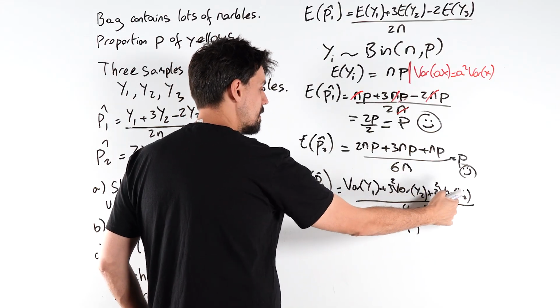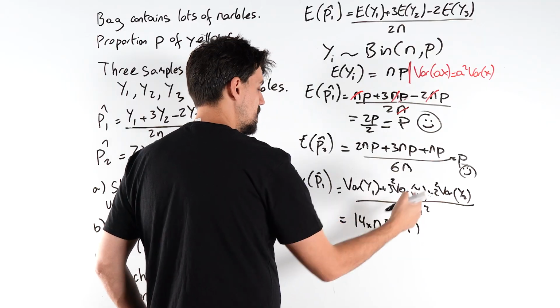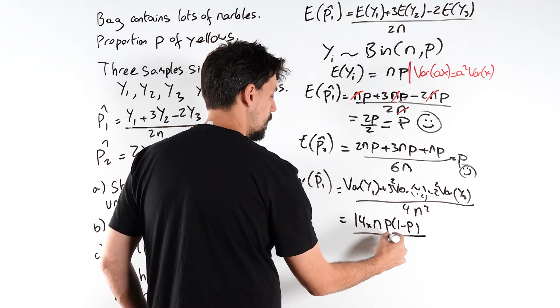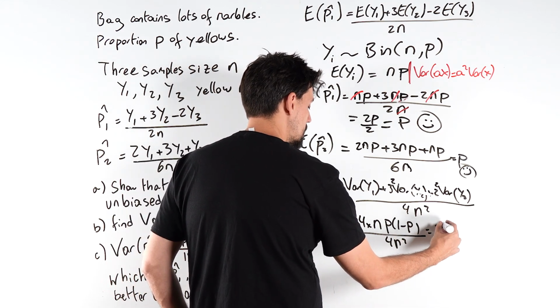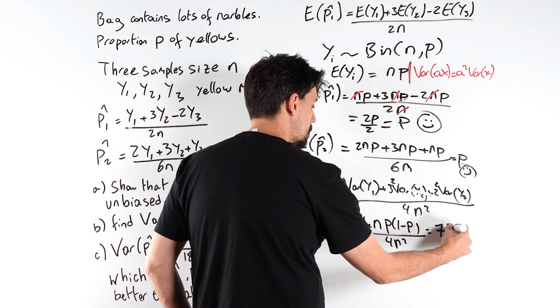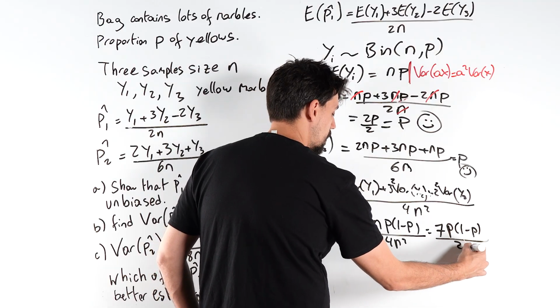So these are all identical. So I've got 1, 9, 4, 14 on top, over 4n squared. So that is 7p(1 minus p) over 2n.